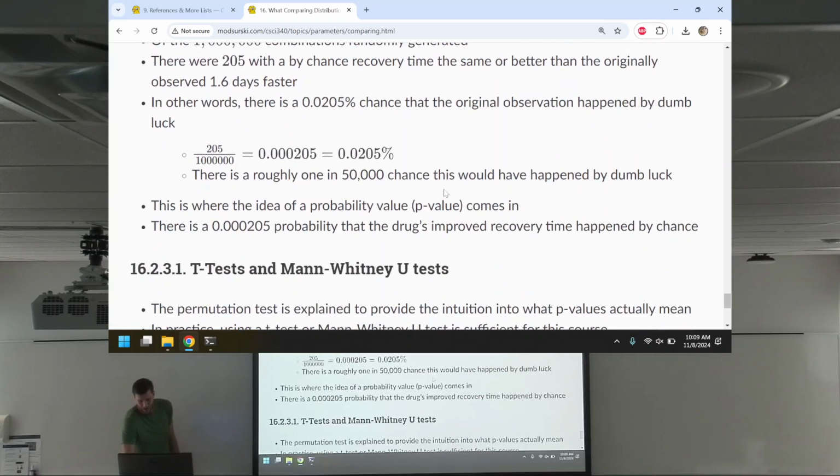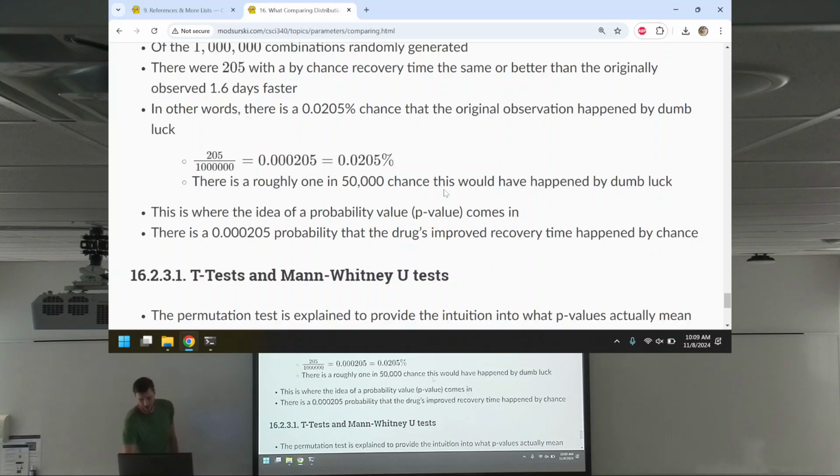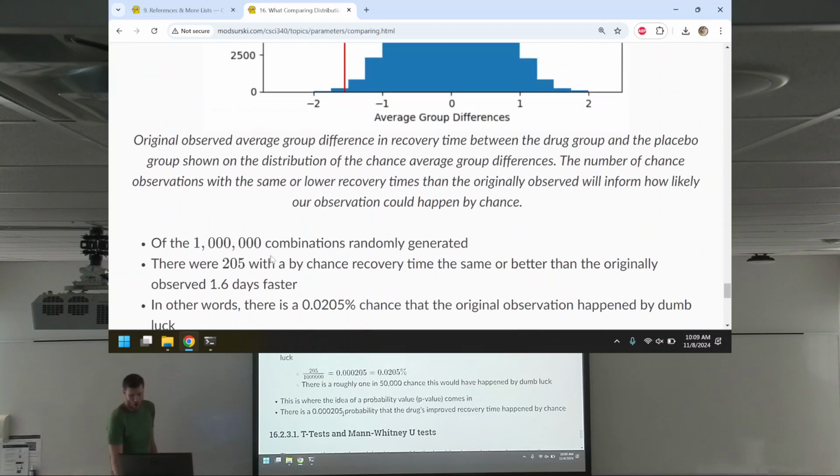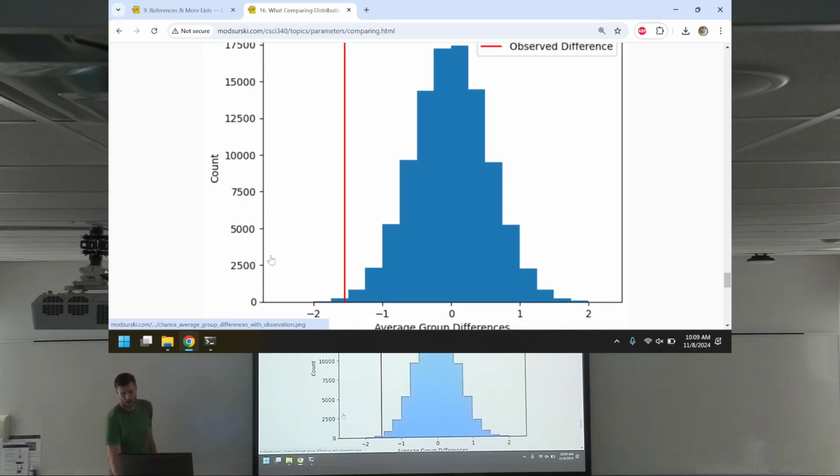So, okay, this is what a p-value is. There's a 0.000205 probability that the drug's improved recovery time actually happened by chance. So assuming the null hypothesis, what are the odds that what I saw happened by chance? Very little. Very few of the by chance differences were that good.